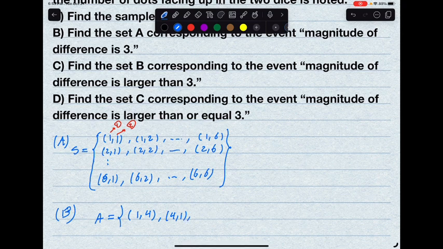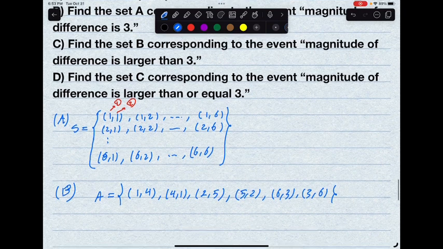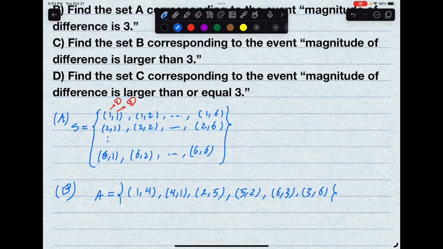The others are 2 5, 5 2, and 6 3, 3 6, and I don't think there's any other result which can be 3 as the magnitude of difference. So that's the event A.